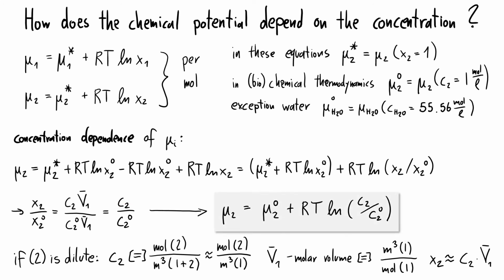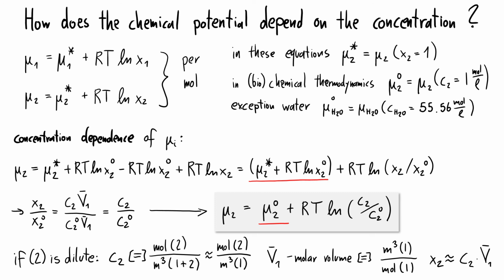now the final equation of this derivation, the dependence of the chemical potential of the solute, component 2, on the concentration of the solute. That is a very important equation that is used in biochemical thermodynamics all the time to predict the chemical potentials in dependence of the concentrations. So that's why I put it in a little gray box here.